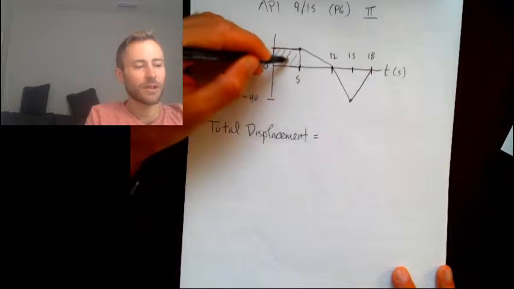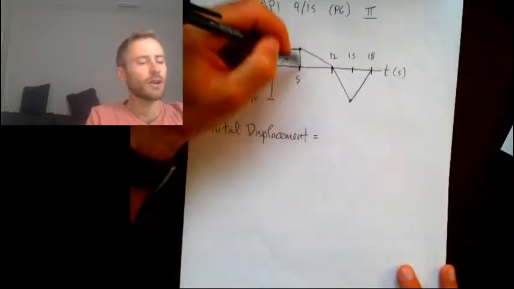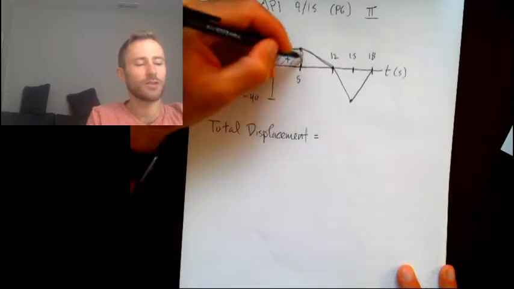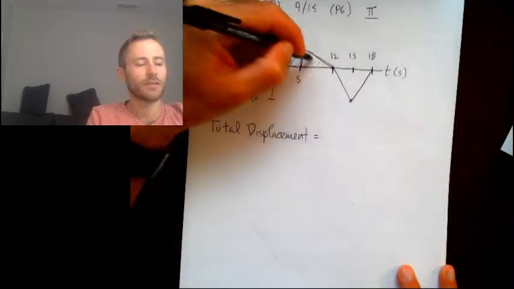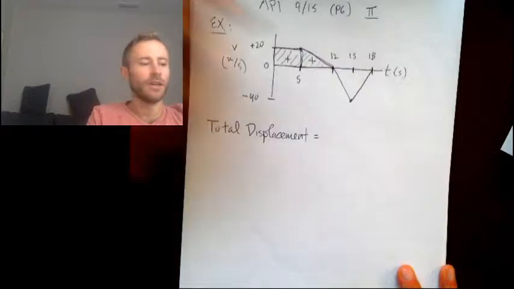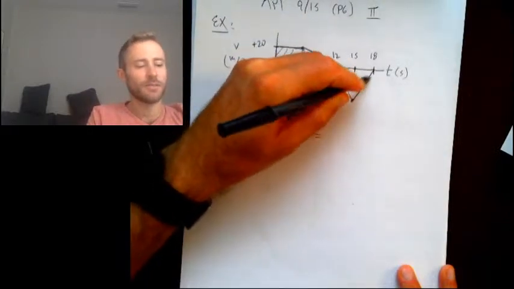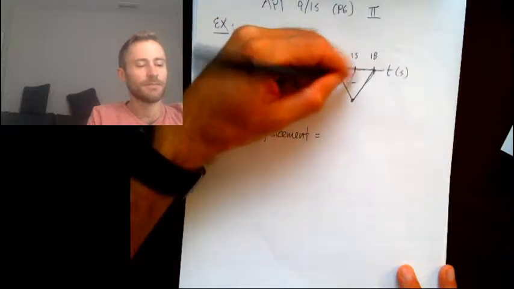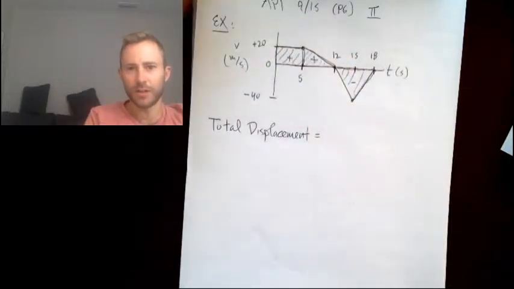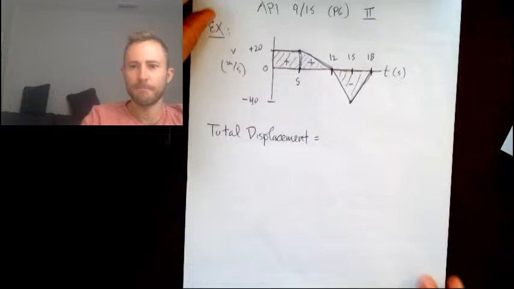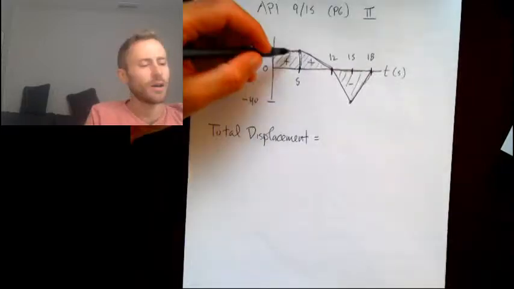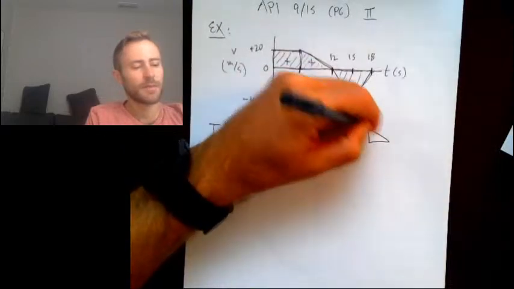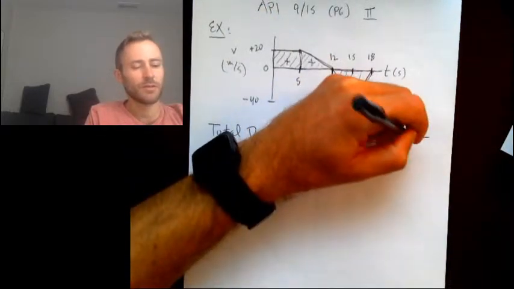That's a positive rectangle. Then I've got this triangle right here that's above, a positive velocity triangle. And then I've got this triangle, which is going to be a negative triangle because it's below the horizontal axis. So I'm going to think about this as rectangle plus triangle minus triangle.